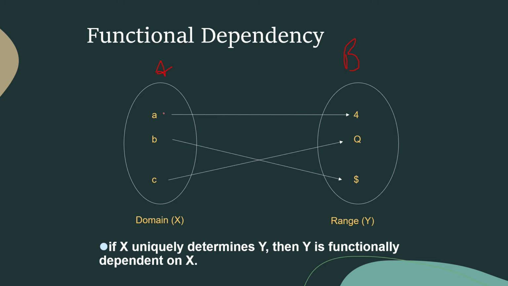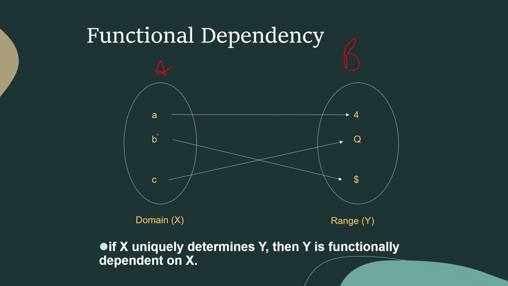So here, if you take the attribute A, and the value of A is small a, then the corresponding value is 4. And for B, dollar, C, Q. So it is similar to a one-to-one relation. If you know one attribute value, there is a corresponding attribute value in B, so it uniquely identifies it.